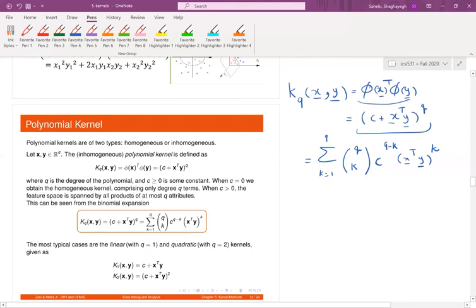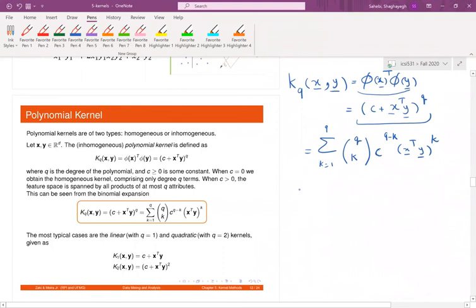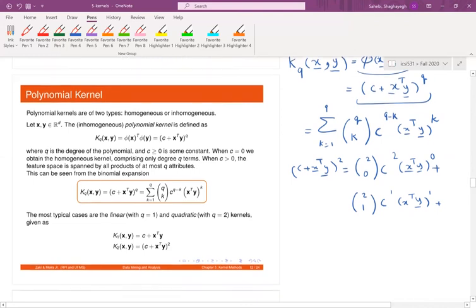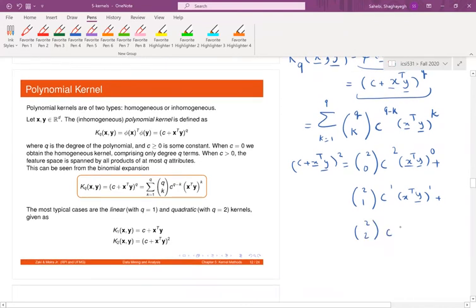So for example, for the polynomial with degree 2 that we have seen before, if we follow this equation, it's going to be selection of 0 from 2, c to 2, x transpose y to 0, plus selection of 1 out of 2, c, x transpose y, plus selection of 2 out of 2, c to 0, x transpose y to 2, right?